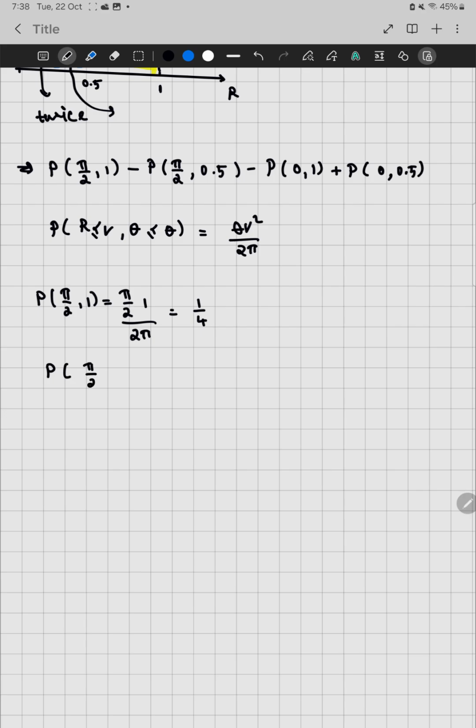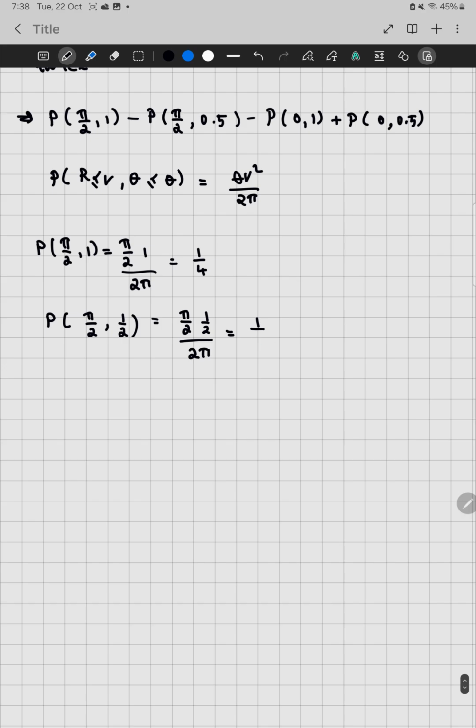This is P of pi by 2 comma 1 by 2, which is pi by 2 times 1 by 2 pi, 2 pi cancel, so 1 by 8. This is r square, so 1 by 2 square, so it will become 1 by 16.